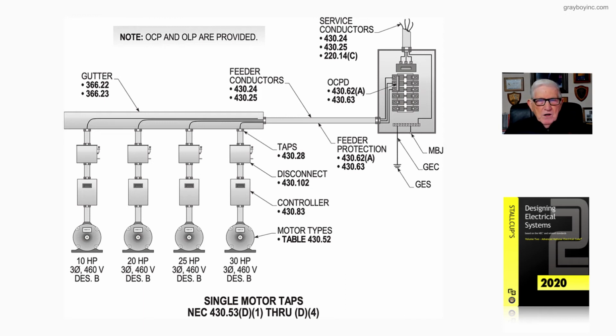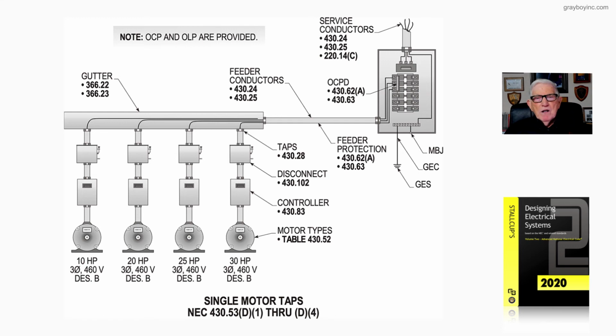But notice it's very important that you use 430.28 right here. You see where it says 10 or 25 foot tap right there? That's important that you use that particular tap rule, and go to about page 314 or 315 in the NEC, and you can get those rules.